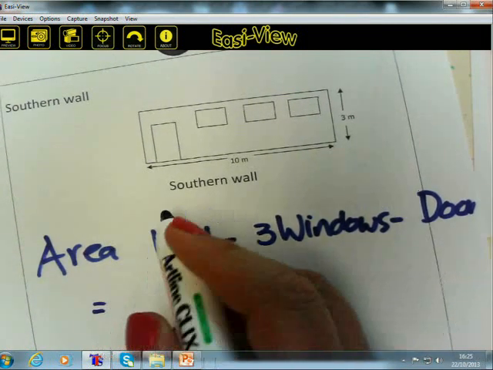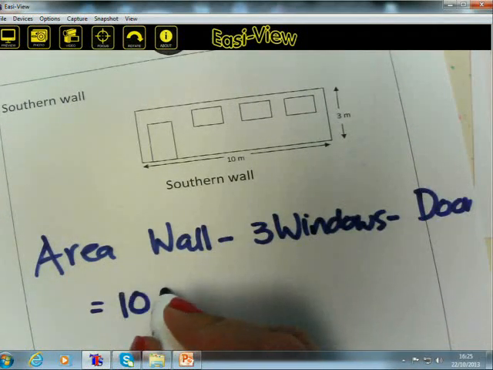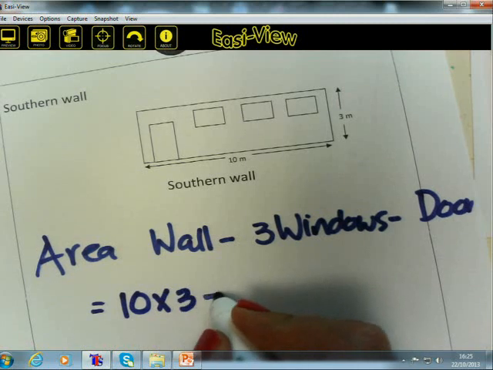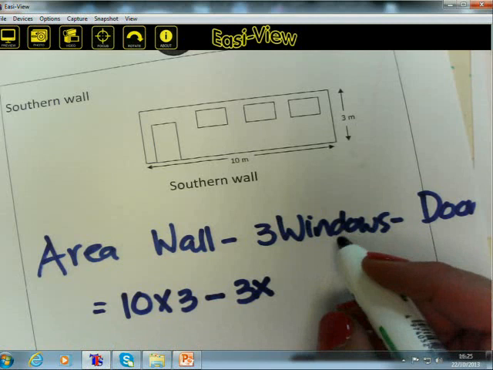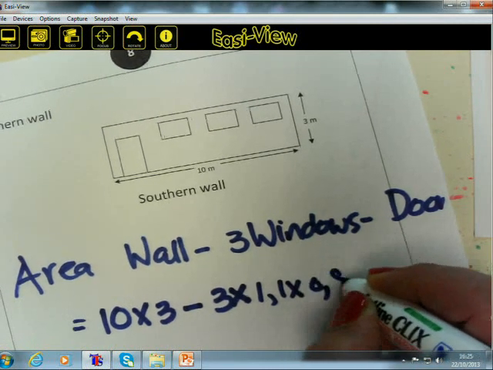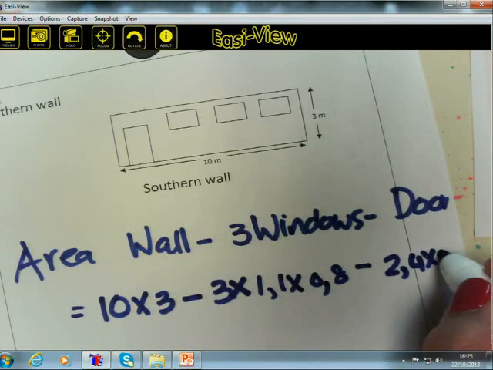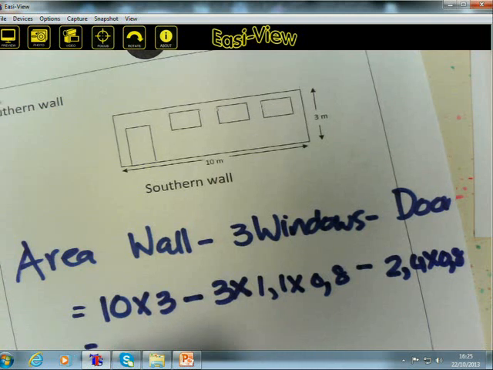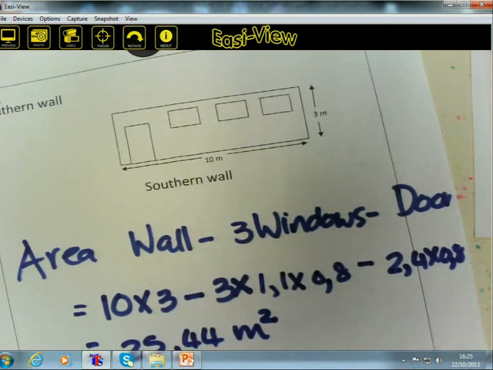So it will be 10 times 3, the area of a rectangle, 10 times 3 minus 3 times the windows are 1,1 times 0,8 minus the door 2,4 times 0,8, and that gives me 25,44 square meters.